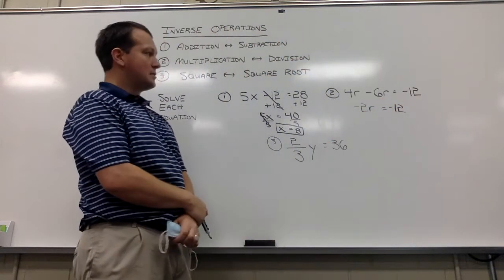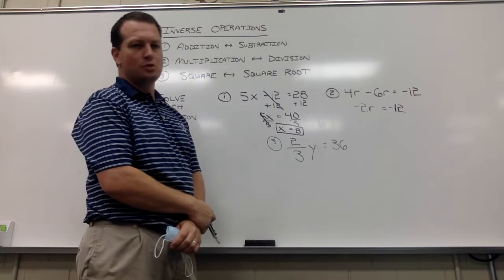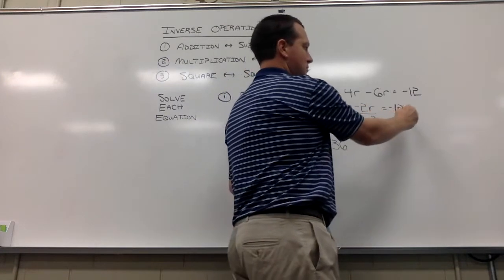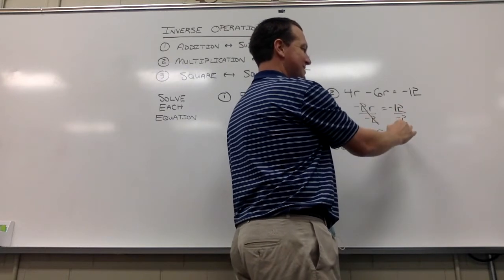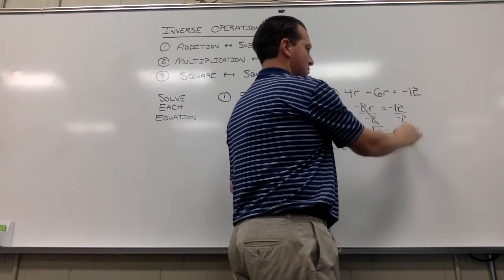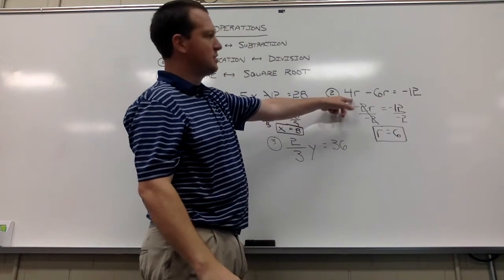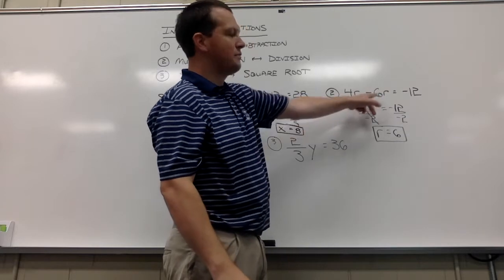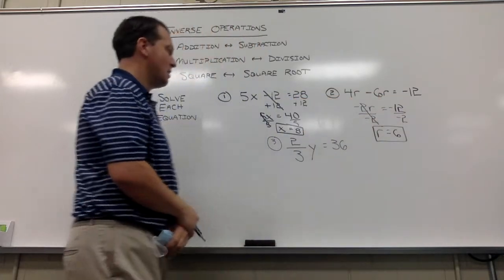Last step here is to get the r alone. I'm going to undo multiplying it by negative 2, so I'll divide both sides by negative 2. And I'm going to have r equals positive 6. Feel free to check that if you are unsure. 4 times 6, 24, minus 6 times 6, 36. 24 take away 36 is a negative 12.